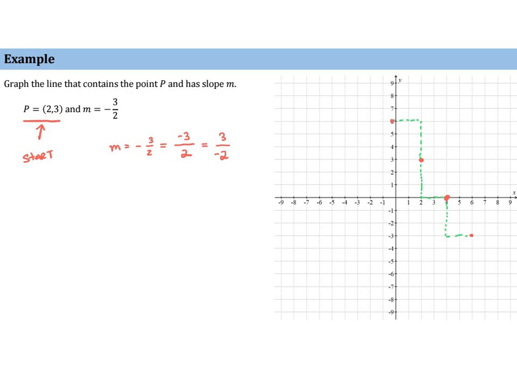And notice it stays consistent on the same line. So there's the line. Now whenever you graph, make sure that you extend that line through the coordinate plane. Don't make it short and stubby.